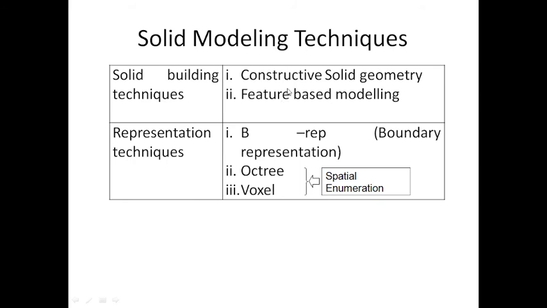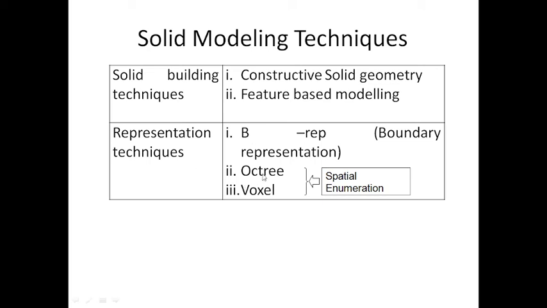So these two are the techniques for constructing the solid. Then there is boundary representation. Once you have constructed the solid, you want to represent it, because there may be a variety of ways of constructing a solid, but boundary representation represents the final geometry of the solid with the help of the containing surfaces.